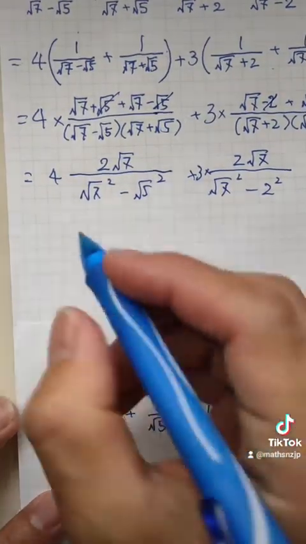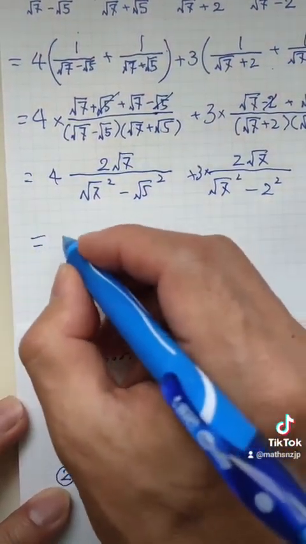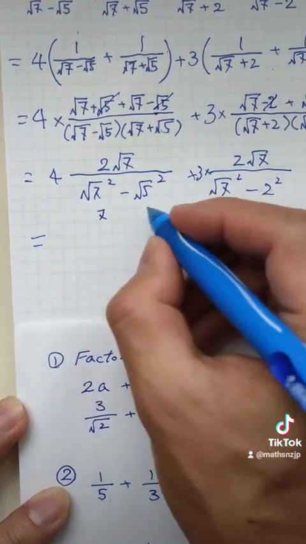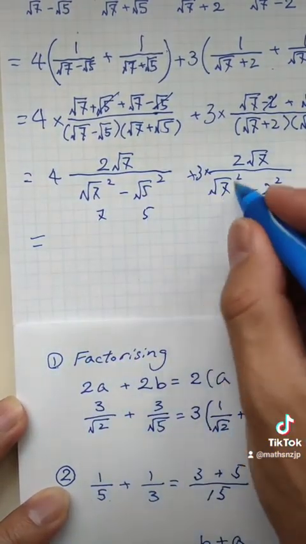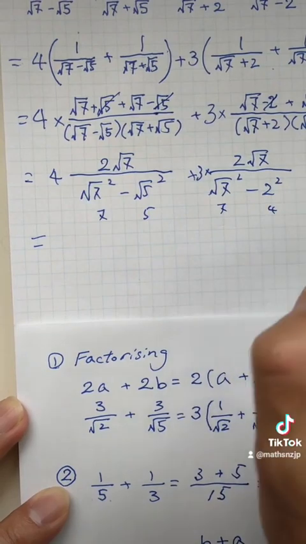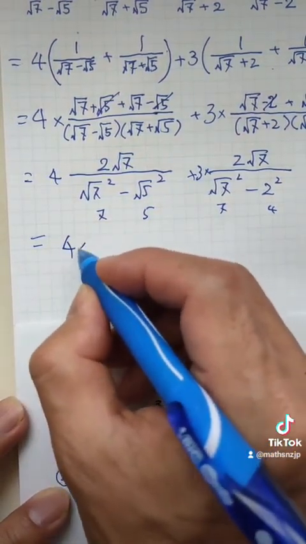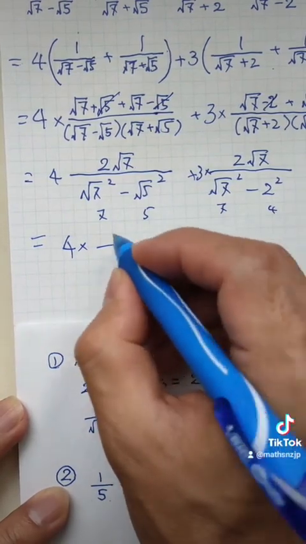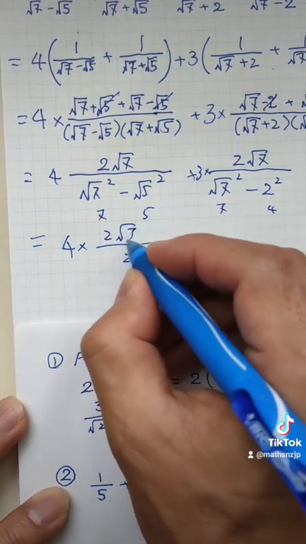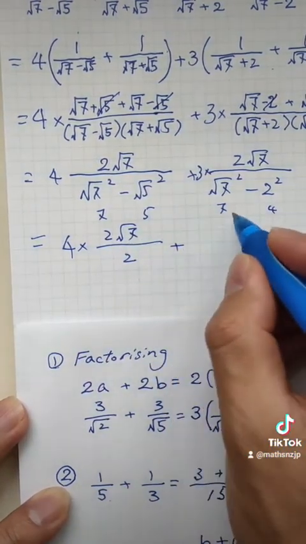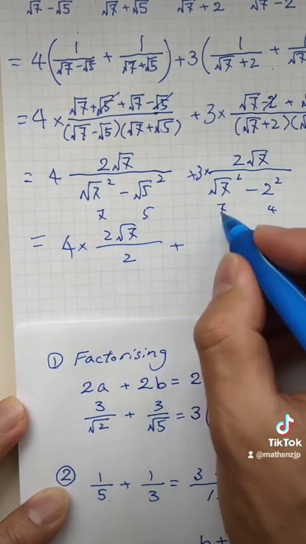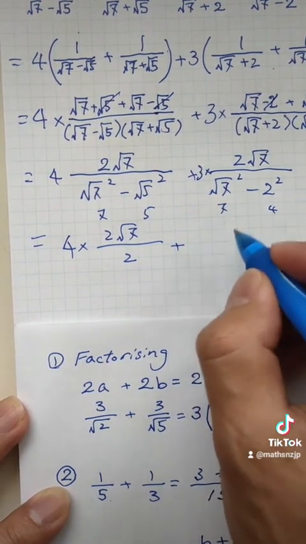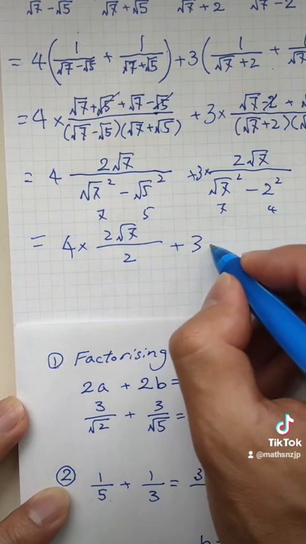Then of course this one is 7, this one is 5, this one is 7, and this one is 4. So 4 times 7 take away 5 is 2, and then 2 square root 7 plus 4 take away 3, as 4 take away 7 take away 4 is 3.